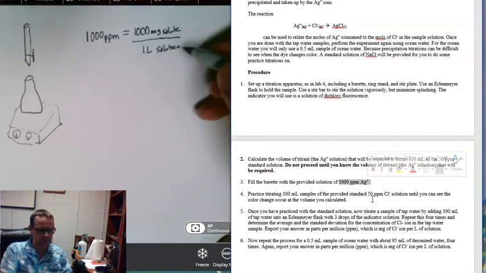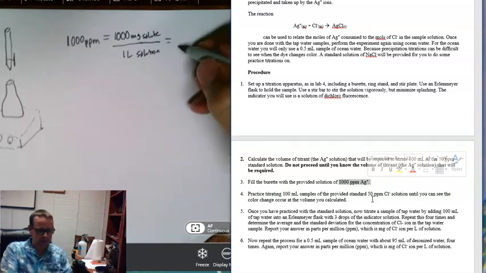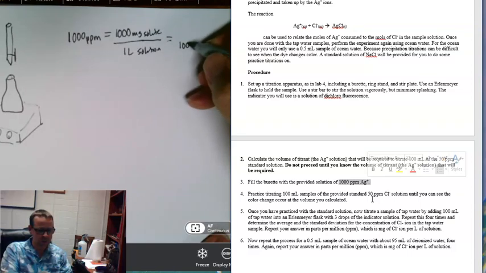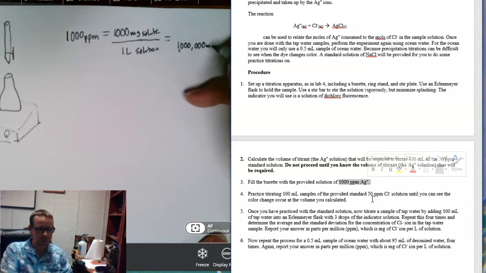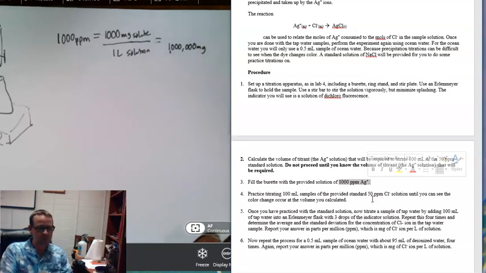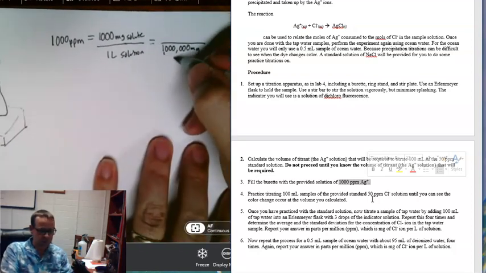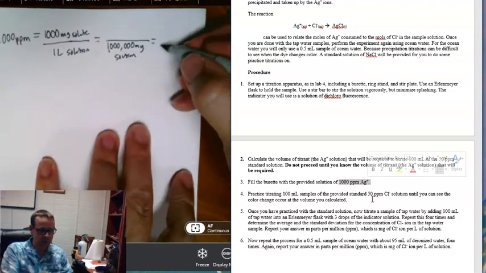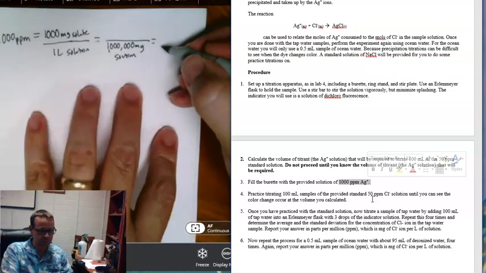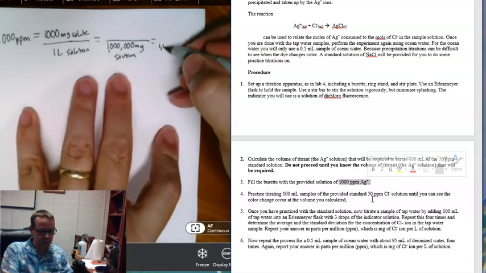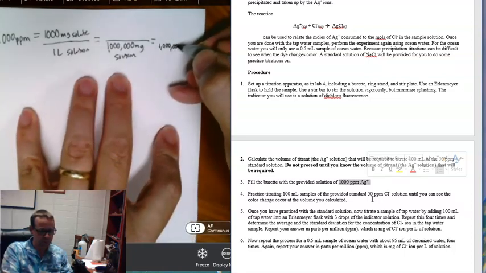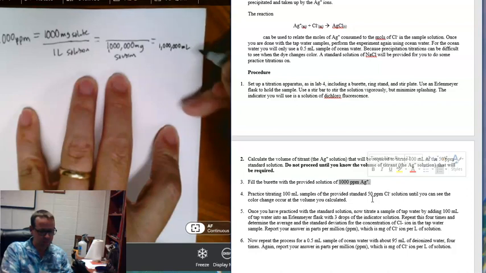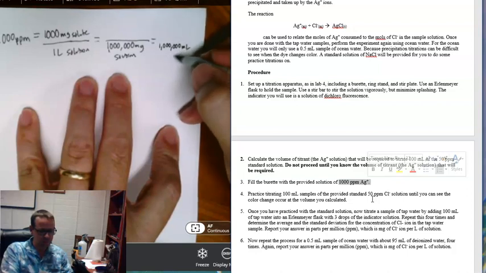But 1 million milligrams of solution, right? That's the same, because this is water and it has a density of 1 gram per milliliter. That's the same as 1 million milliliters of solution.